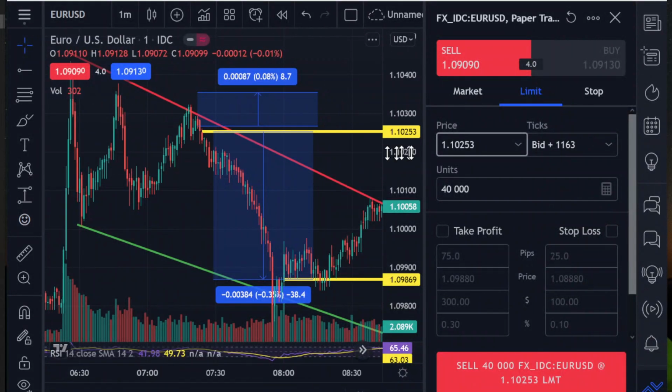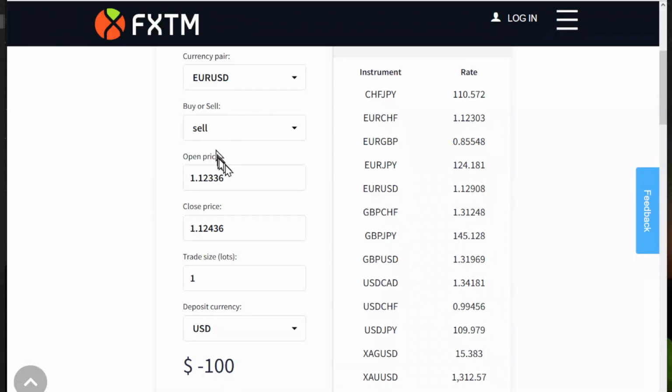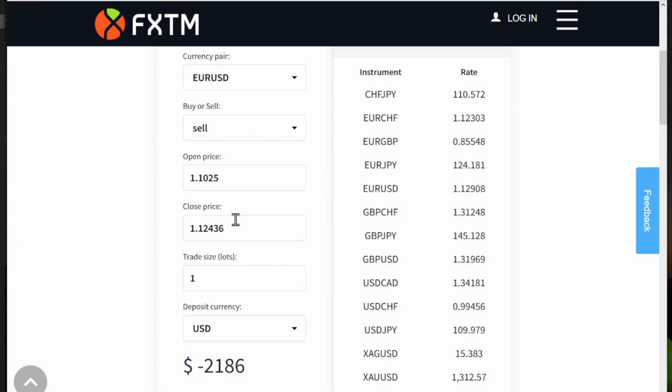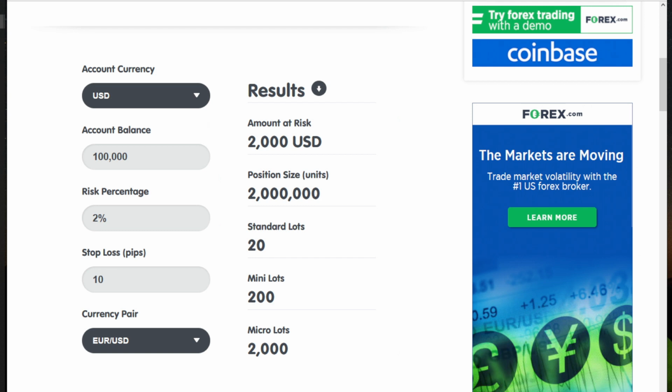The opening price is 1.1025. So we come over here and we go 1.1025. And the close price is 1.0987, let's call it. Okay. Now, we'll go back to the position calculator.